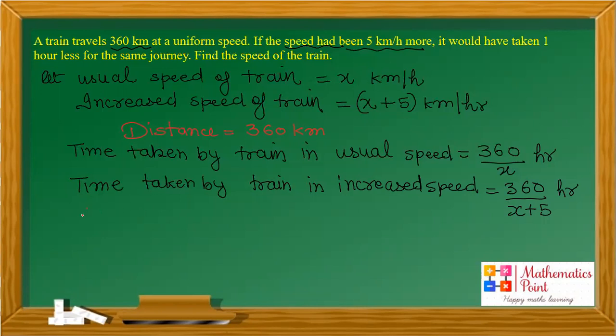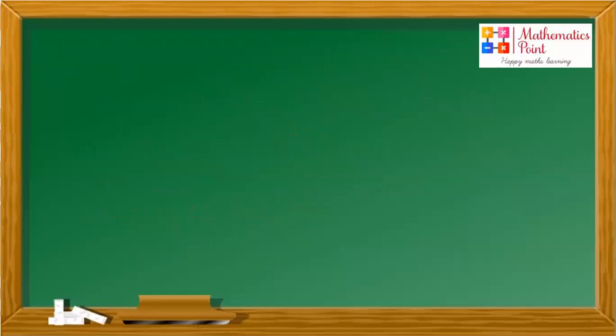So, we can say that according to question, 360 divided by x minus 360 divided by x plus 5 will be equal to 1. Now, let us solve this expression.